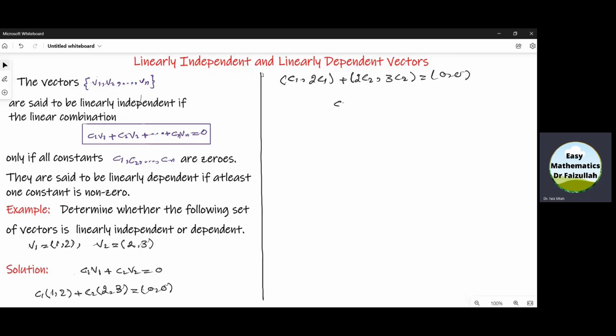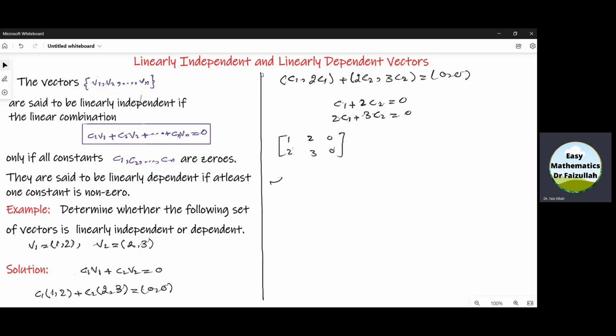From this we get a system of equations: C1 plus 2 C2 equal to 0 and 2 C1 plus 3 C2 equal to 0. Let us solve this system of equations by the Gauss elimination method. So the augmented matrix is 1, 2, 0, 2, 3, 0.